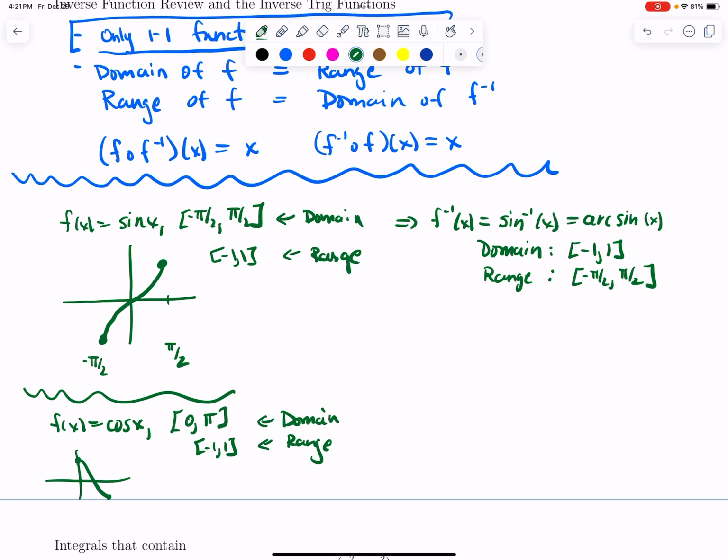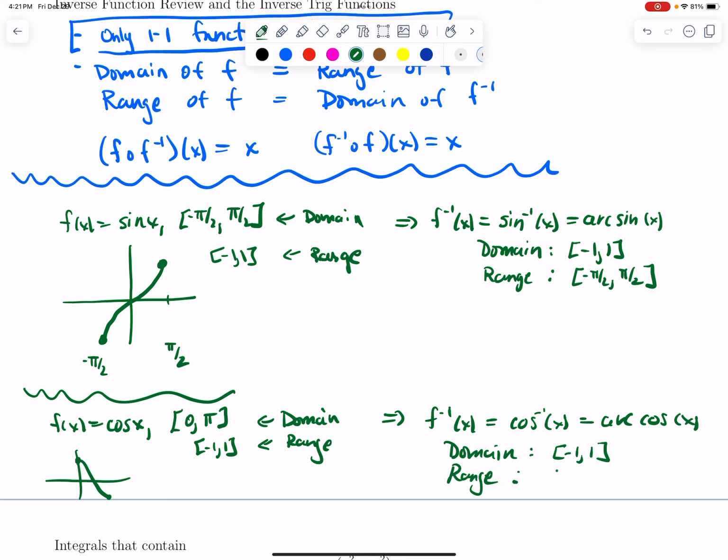So we see that it spans the entire range of cosine, but is restricted in such a way that it is a one-to-one function. This function has an inverse, and we denote it cosine inverse of x or arccosine of x. Its domain is the range of f, which is negative 1 to 1, and its range is 0 to pi. Okay?